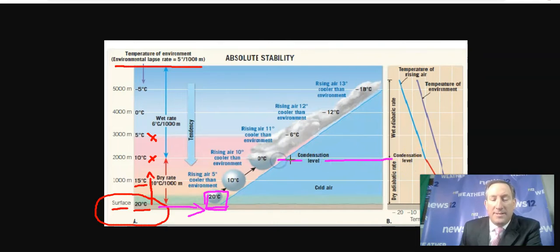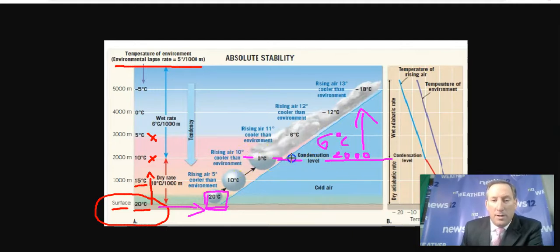The lifting condensation level is where we have saturation. That condensation level will also be a given. In this particular case, that condensation level is at 2,000 meters. So that tells us everything above 2,000 meters is cooling at a different rate, and that rate is 6 degrees Celsius per 1,000 meters.